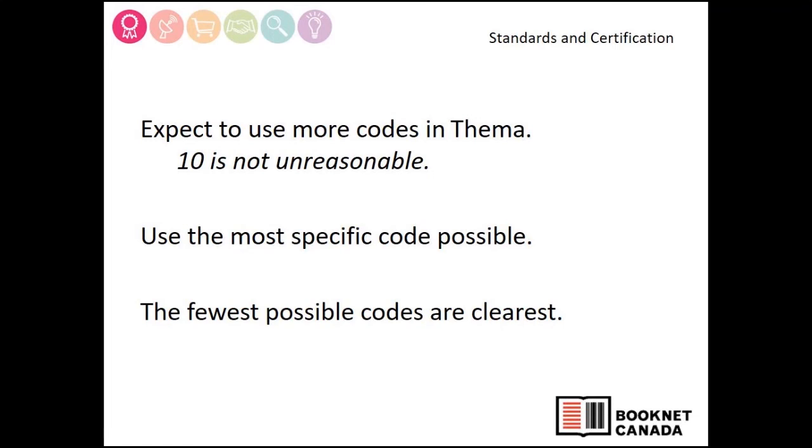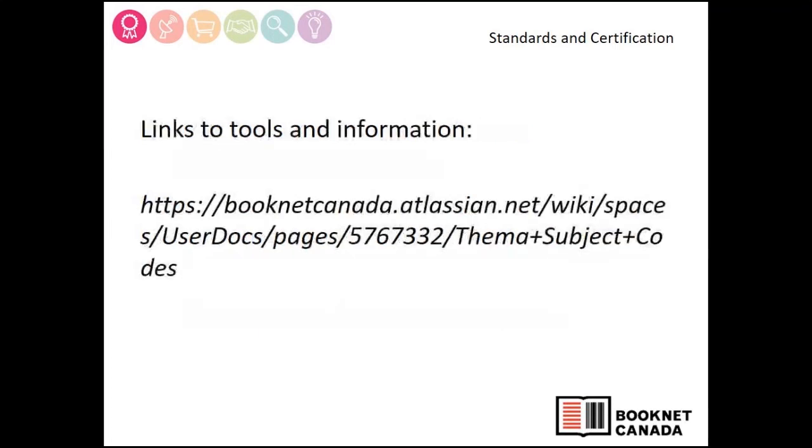The retailer can tell that. There's no confusion around that. So the most specific code used, particularly as the main subject, provides the retailer with the most information. So use the fewest codes, rely on the code's hierarchy, and you can't really go wrong. That's basically my presentation in a nutshell.